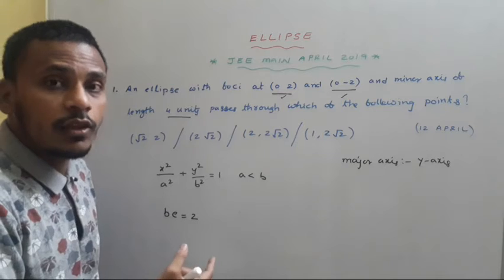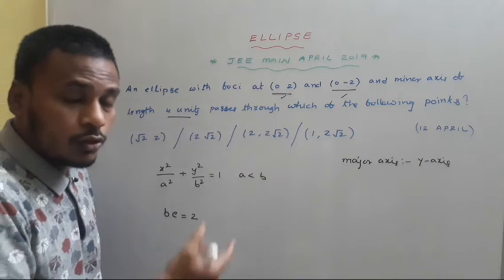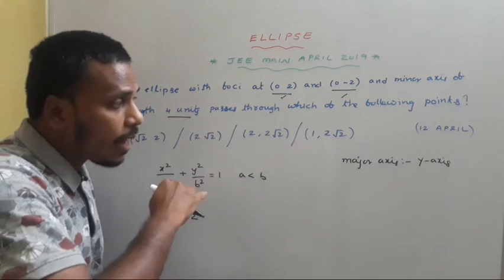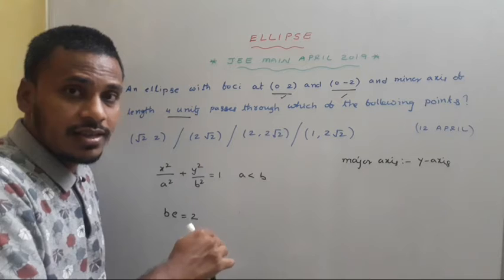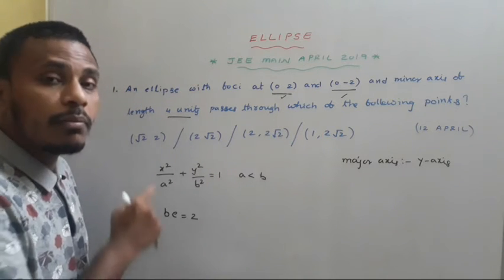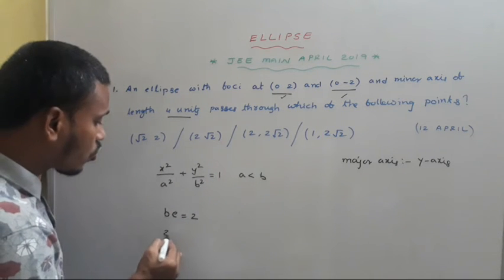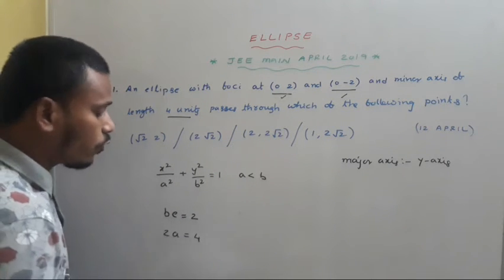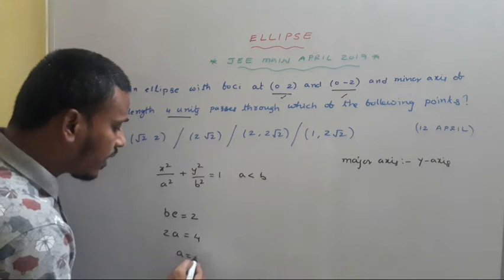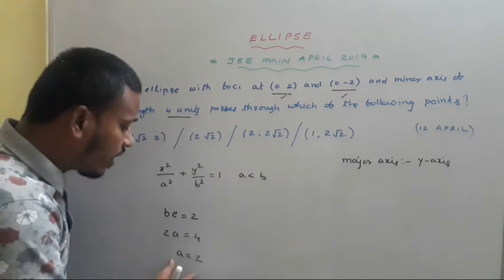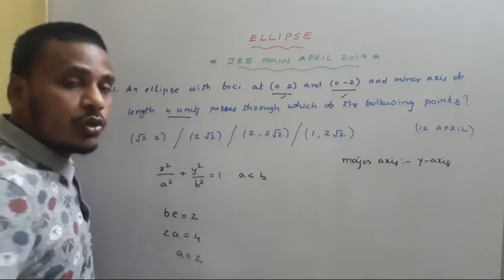So what is the length of the minor axis? For the usual ellipse whose major axis is along the x-axis, the minor axis is 2b, but here the minor axis is 2a, whose length is given as 4. So from there we will get a equals 2.